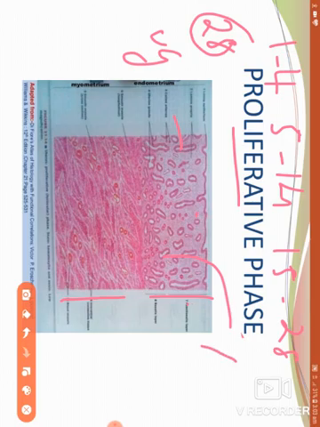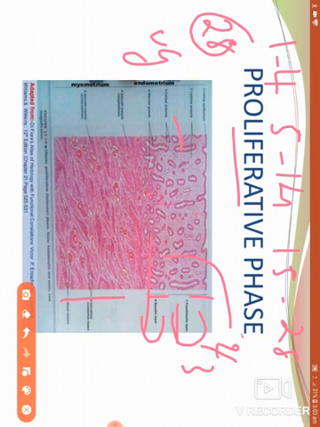That is called the stratum functionalis, the functional layer of the endometrium. See the basal layer of the endometrium, where you can see closely packed uterine glands with straight arterioles. That is called the stratum basalis.